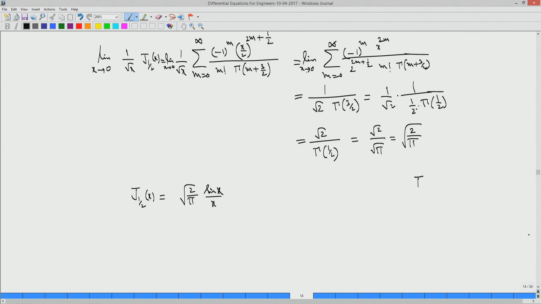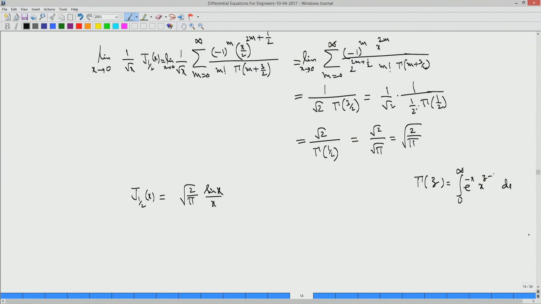If you want gamma half, how do you find it? Gamma of z plus 1 is the integral from 0 to infinity, which is what we defined yesterday. So gamma z is the integral of e power minus x, x power z minus 1 dx.